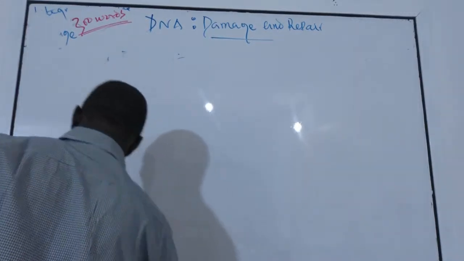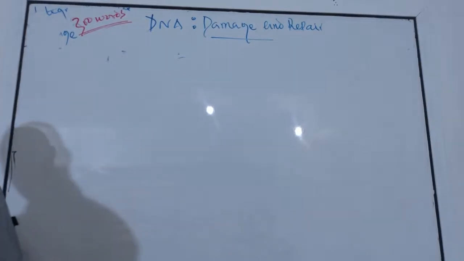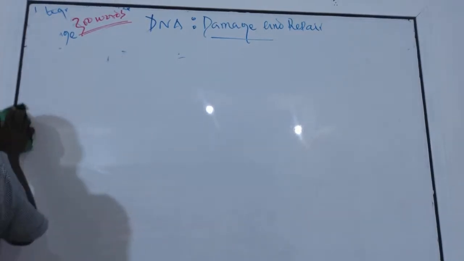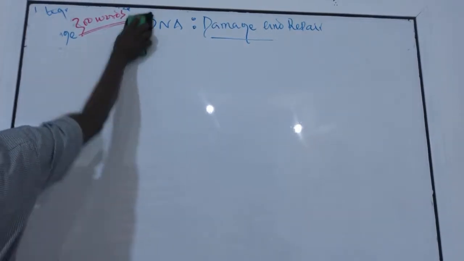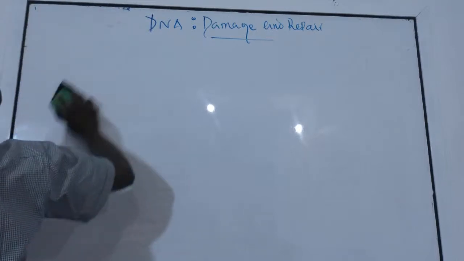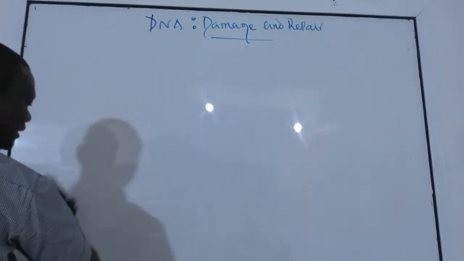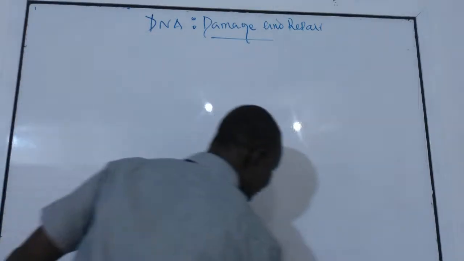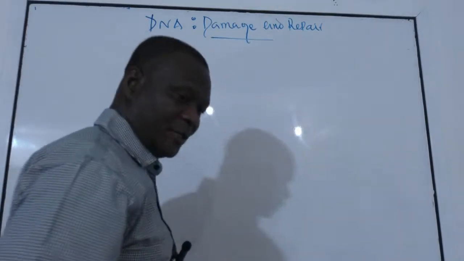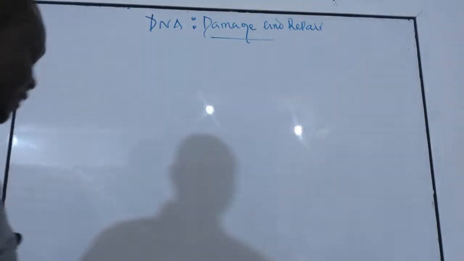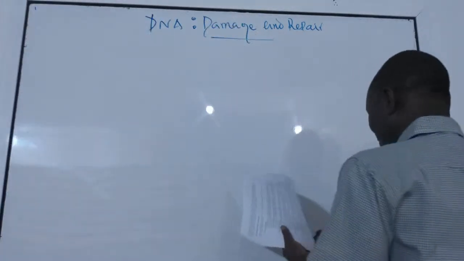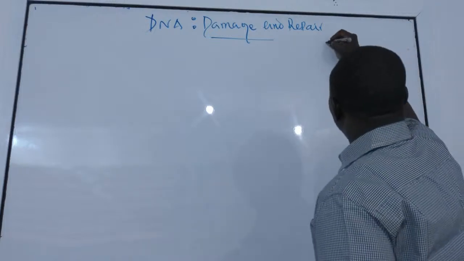Don't forget how important replication is in maintaining the integrity and fidelity of DNA. There is a difference between integrity and fidelity of DNA. So I want you to explain that as an assignment.